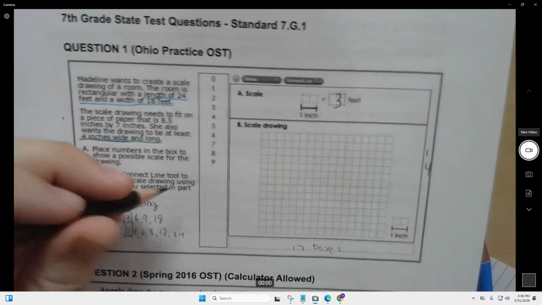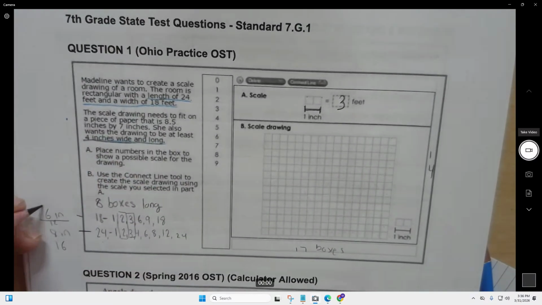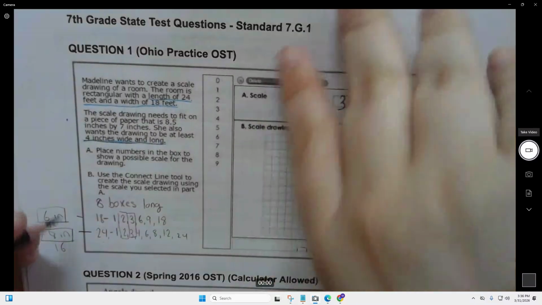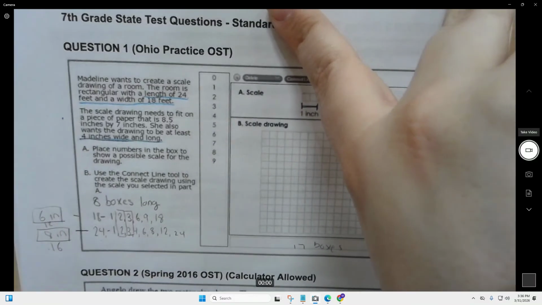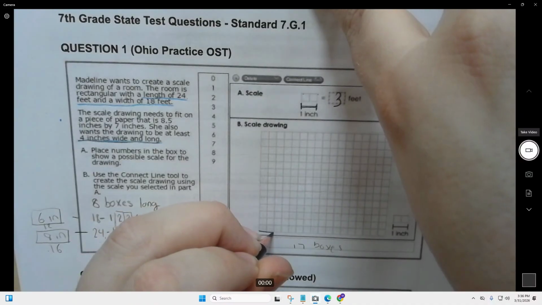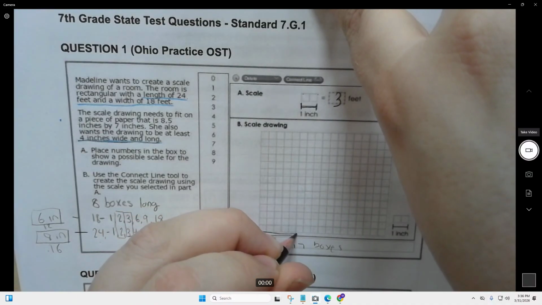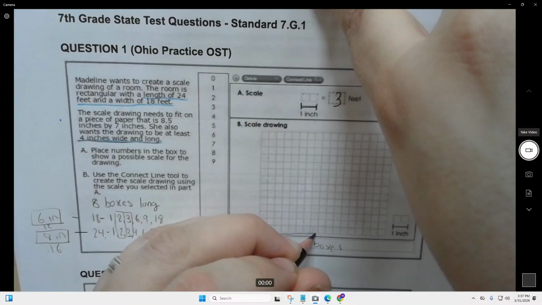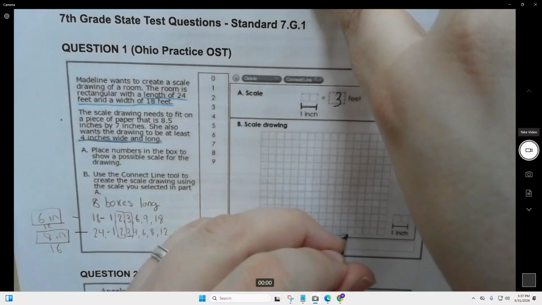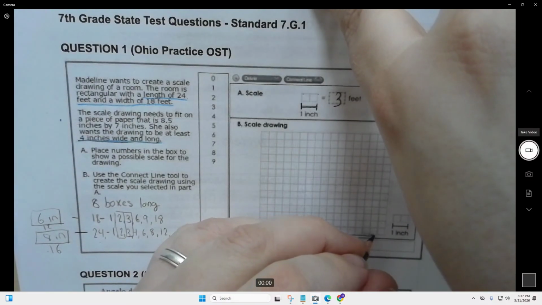So let's convert. We have 6 inches and we have 8 inches. Okay, so we need to go 16 boxes to the right. 1, 2, 3, 4, 5, 6, 7, 8, 9, 10, 11, 12, 13, 14, 15, 16.